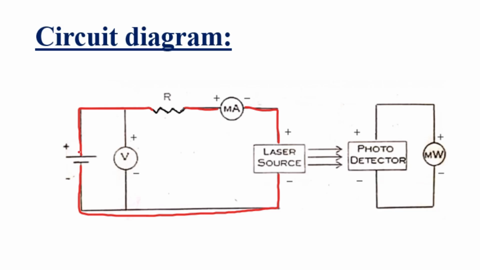Now from supply positive, connect one more wire. Supply positive is connected to voltmeter positive and supply negative is connected to voltmeter negative.